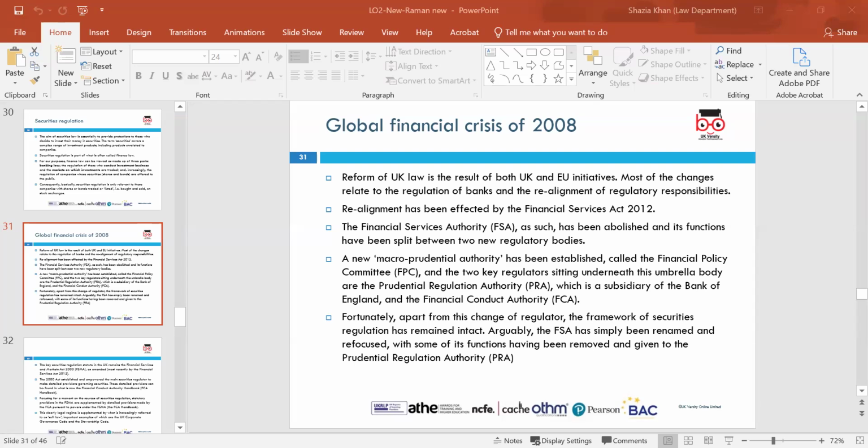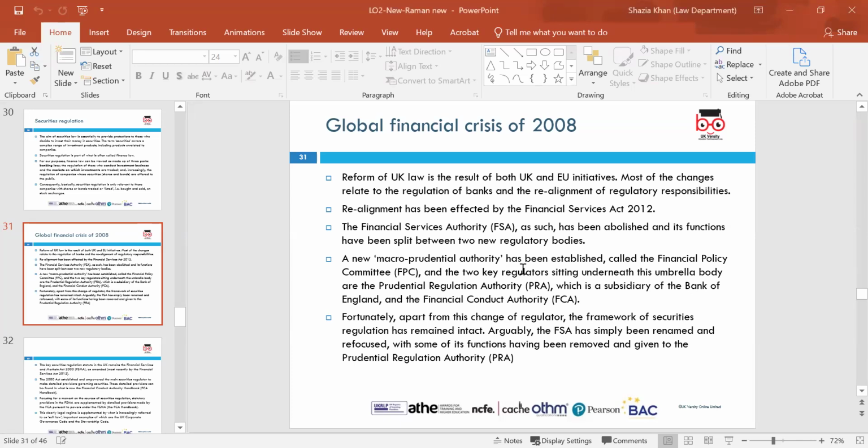Realignment was effected by the Financial Services Act 2012. The Financial Services Authority, FSA, had its functions abolished and split between two regulatory bodies: the Financial Policy Committee, FPC, and the Prudential Regulation Authority, PRA. Fortunately, part of the framework of securities regulation has remained intact.